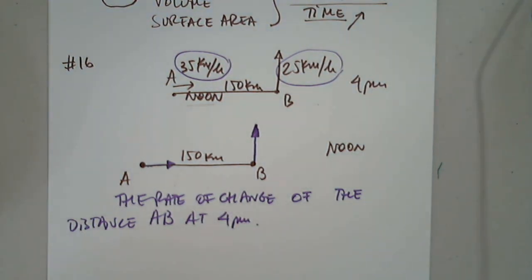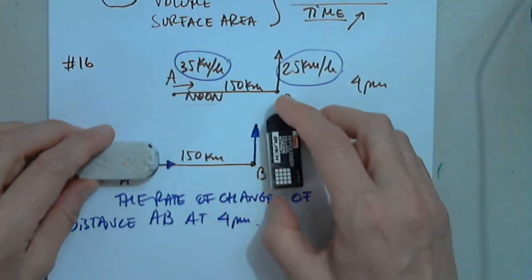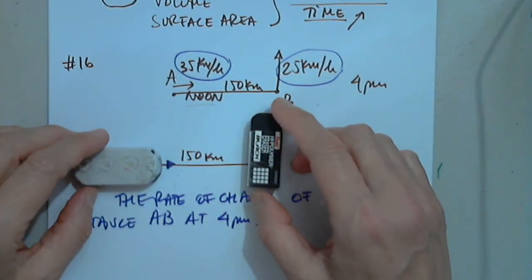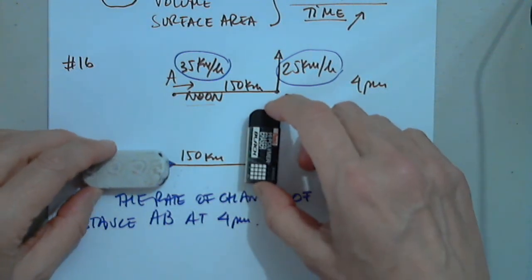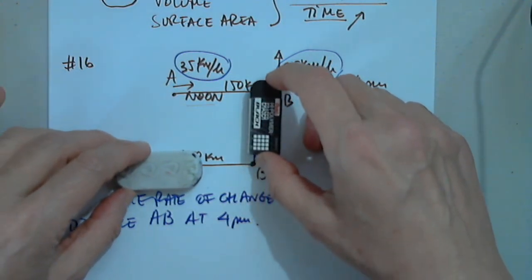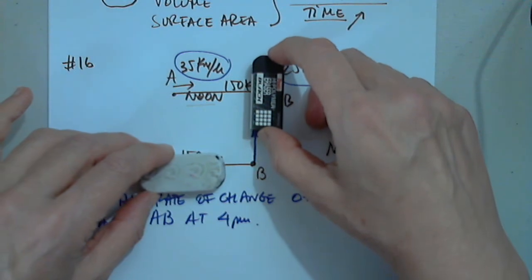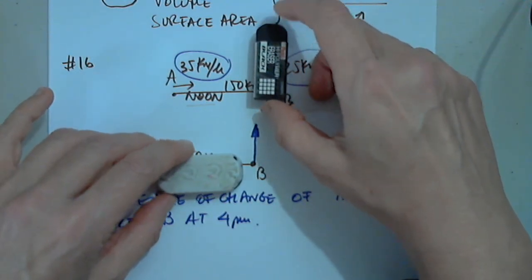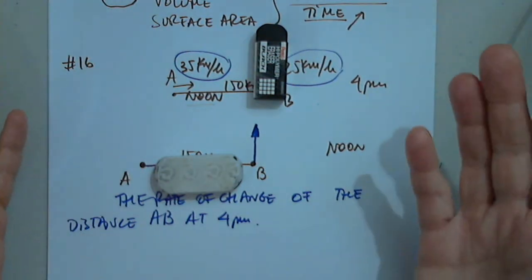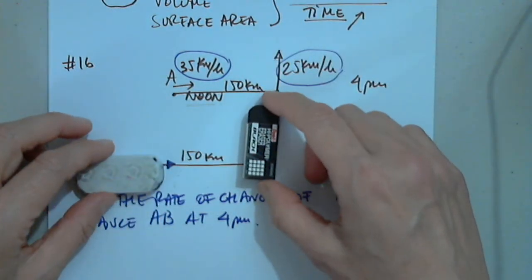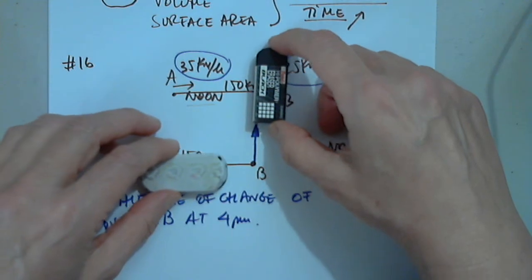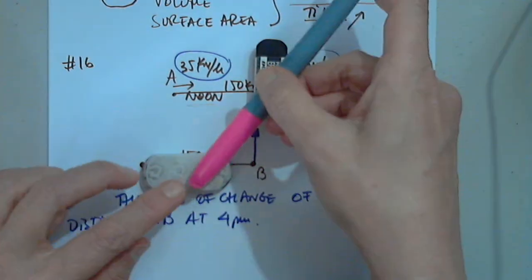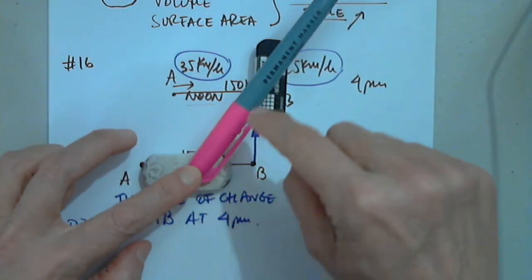That's the question. So here's what happens. Here are my two ships, and they start moving. I don't know where they will be 4 hours from the moment they start, but I would like to be able to determine this distance between this and this.